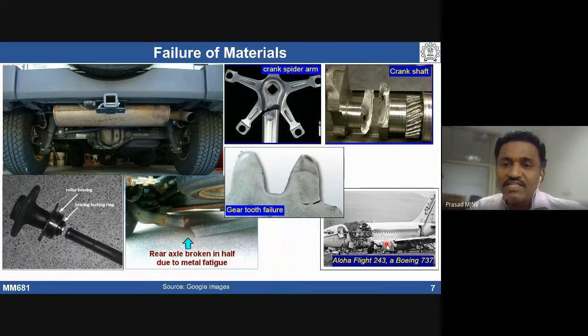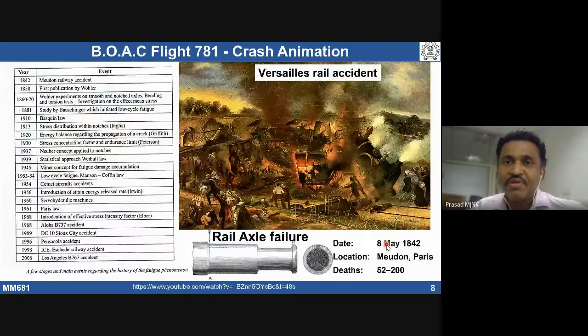So these are attributed to fatigue failure of components. Fatigue failure is not new; 80 to 90% of engineering component failures are attributed to fatigue failure.